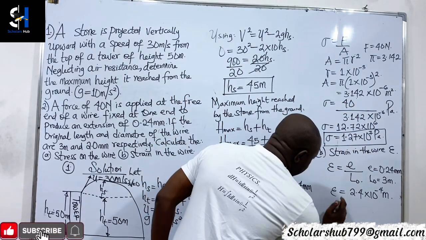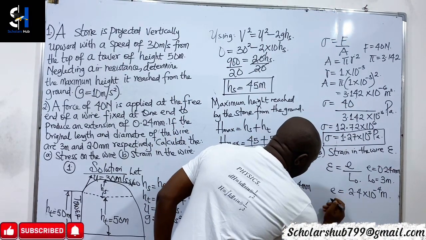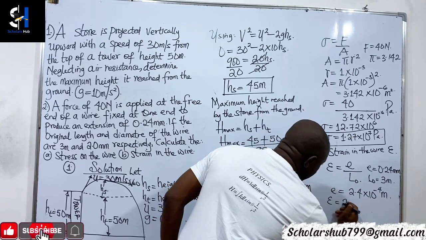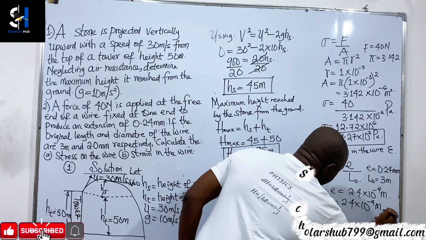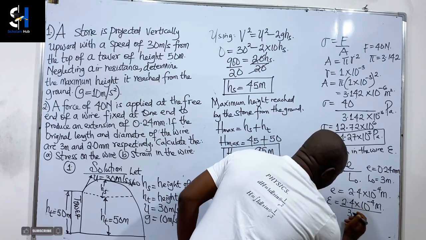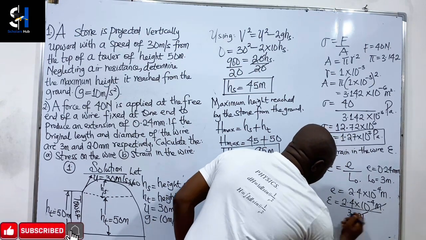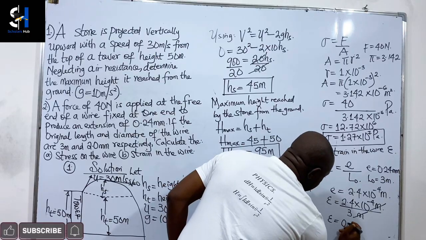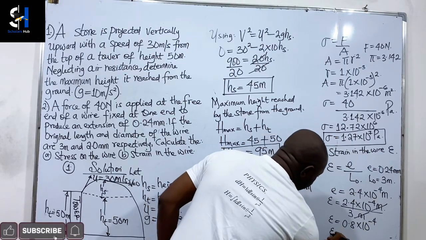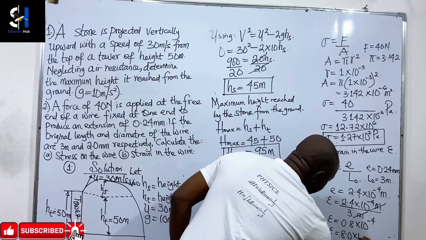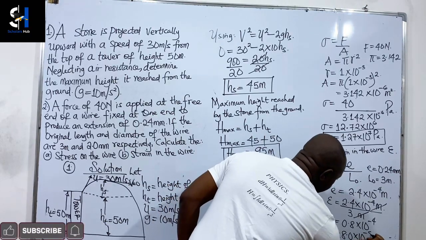So strain will be equals to 2.4 multiplied by 10 raised to the power of minus 4 meters divided by 3 meters. So this will be 0.8 times 10 raised to the power of minus 4, and this will be 8.0 times 10 raised to the power of negative 5.